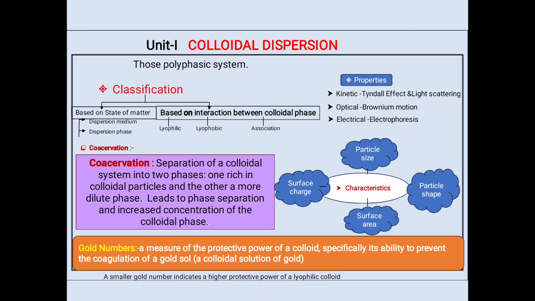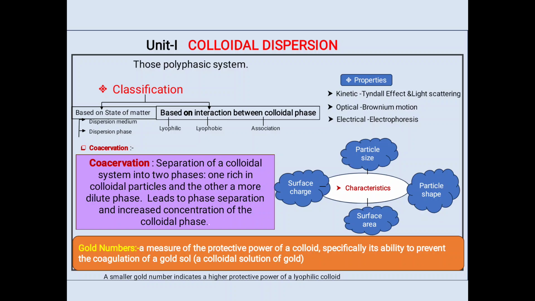Based on interaction between colloidal phase and medium: lyophilic, lyophobic, and association colloids. Phase separation: in two phases, one rich in colloidal particles and the other a more dilute phase, leading to phase separation and increased concentration of the colloidal phase.